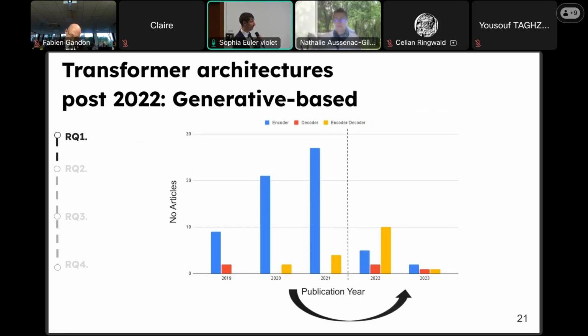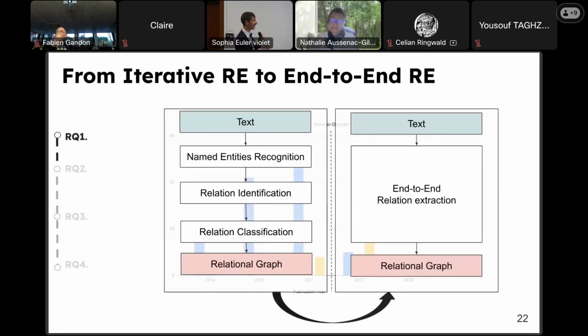But since 2022, the landscape has changed a bit. As you can see on that chart, the decoder and the encoder-decoder models have now become the favorite architecture to solve the relation extraction task.